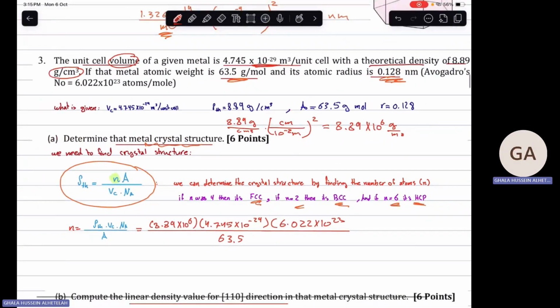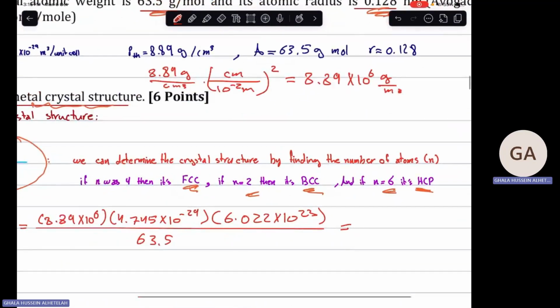Okay. If you plug in these numbers in the calculator, you will find that the number of atoms, n, is equal to 4 atoms. If we get 4 atoms, it means we have the FCC structure.